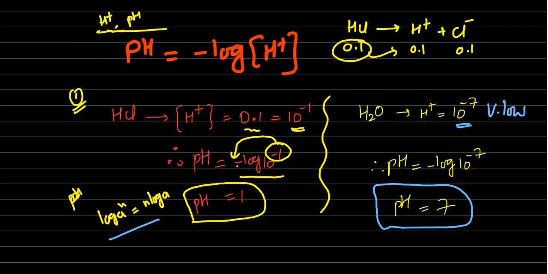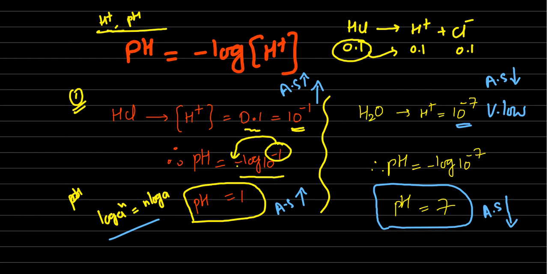A higher pH value means acidic strength is less. A low pH value means acidic strength is higher. At the same time, a higher H plus value means acidic strength is higher, and a low H plus value means acidic strength is low. So acidic strength depends directly on H plus concentration.